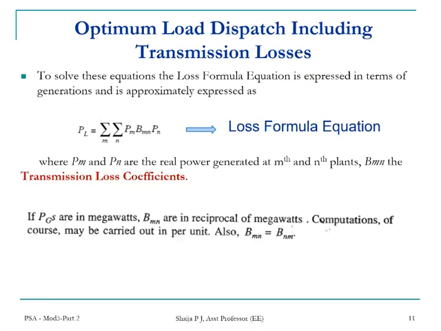To solve these equations, the loss formula equation is expressed in terms of the generation and is approximately expressed as PL equal to sigma m, sigma n, Pm Bmn Pn, which is known as the loss formula equation, where Pm and Pn are the real power generated at the mth and nth plants, and Bmn is the transmission loss coefficient.